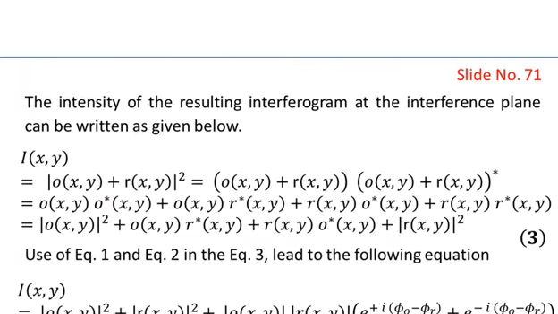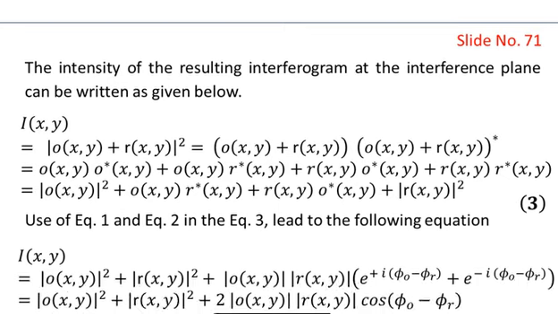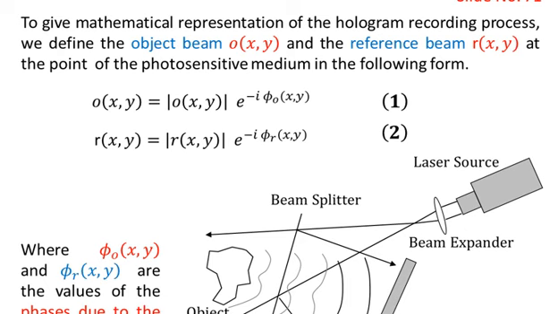The intensity of the resulting interferogram, the interference pattern, can be written as follows. We have the object beam from equation 1 and the reference beam from equation number 2. Now these two will interfere and form an intensity pattern at the photographic plate.